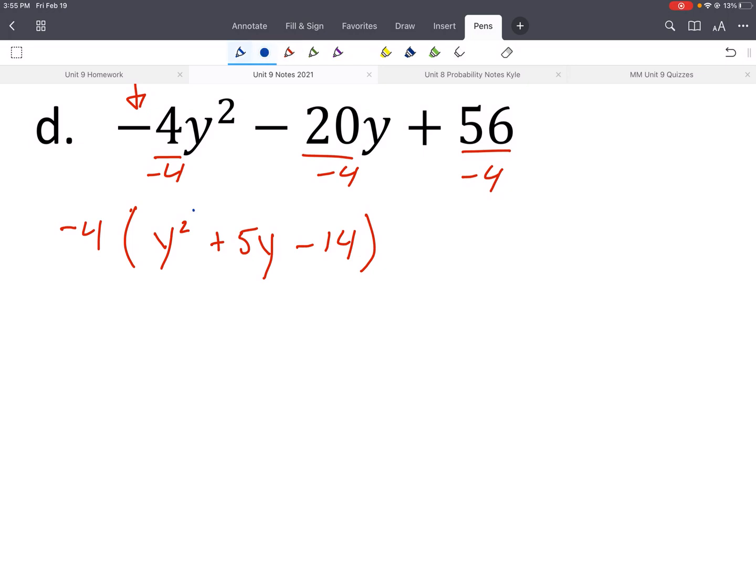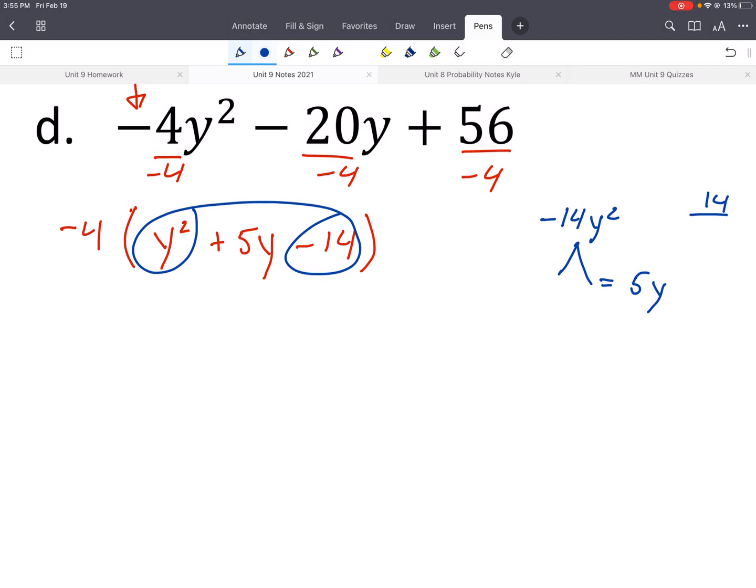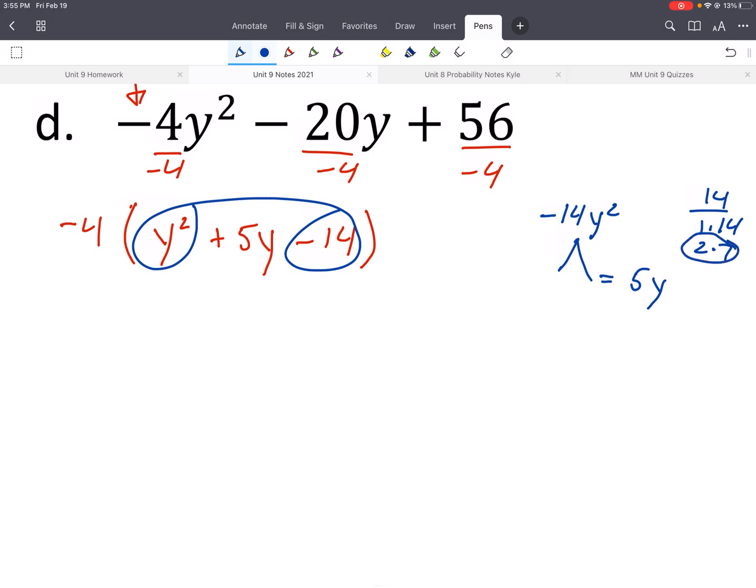Okay, and then we'll need to do glasses. So two things that multiply to give us a negative 14y squared, and add to give us the middle term. Again, you can always write down factor pairs for 14, 1 and 14, 2 and 7. That's it. Looks like 2 and 7 is the one we want.